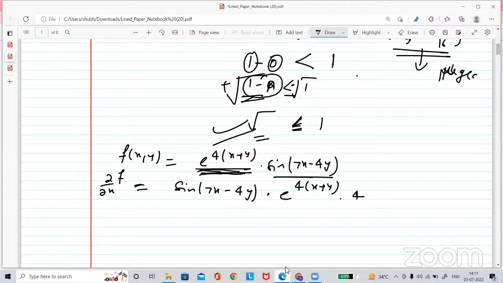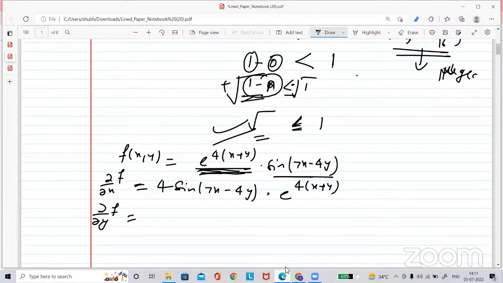It is 4, because only y works as a constant. Yes, so here we can write 4.